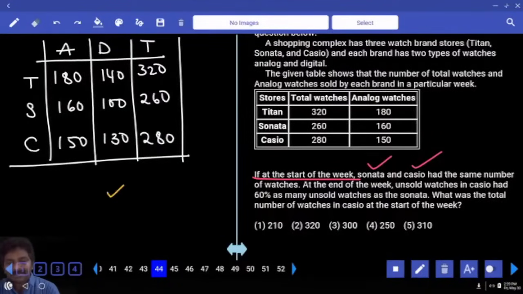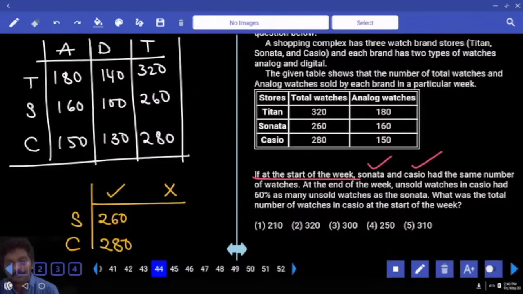Out of them, some are sold, some are unsold. This is for Sonato and then Casio. In Sonato, total sold items are, in Casio, 2, but they both started with the same total, right? Here, how much is the difference?